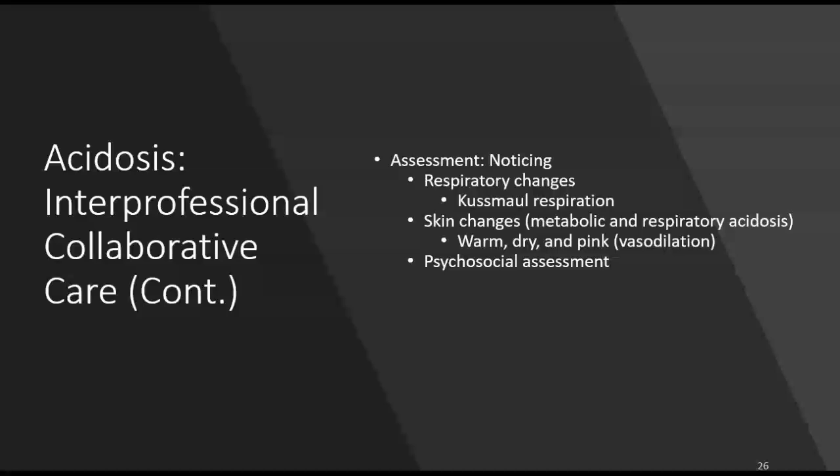Because with acidosis, the increased rate and depth of respiration with Kussmaul respirations is a compensatory mechanism to try and get the pH back up and decrease the hydrogen ion concentration in the blood. Skin changes. Warm, flushed, dry skin in metabolic acidosis, and pale to cyanotic and dry skin in respiratory acidosis.